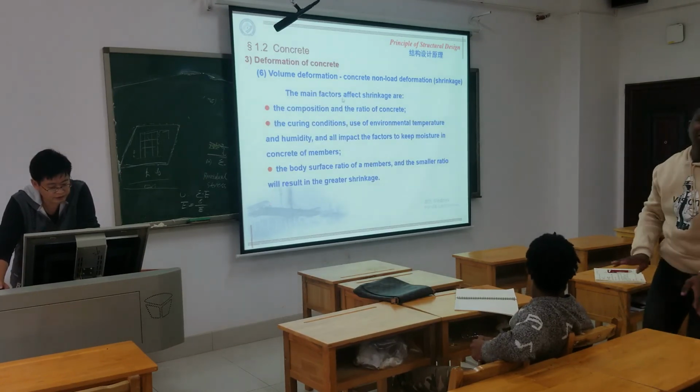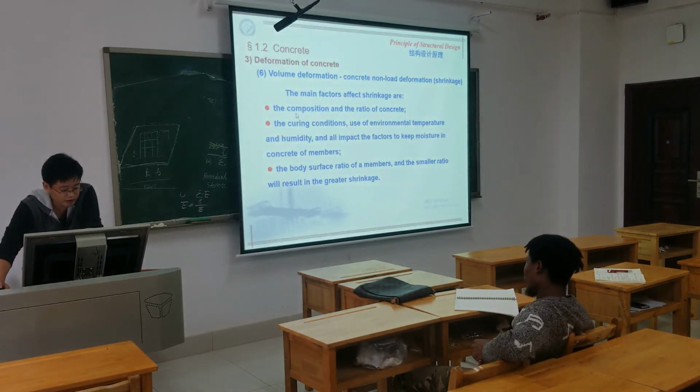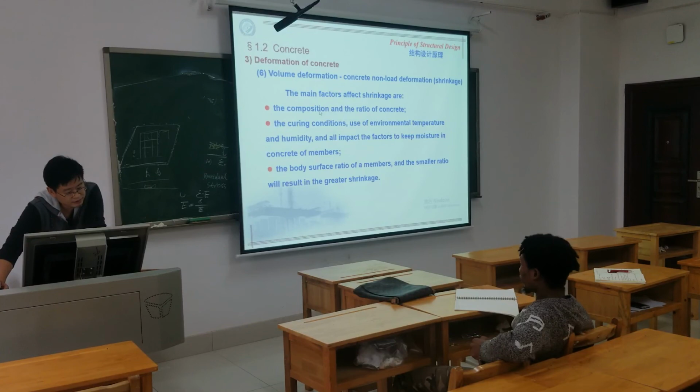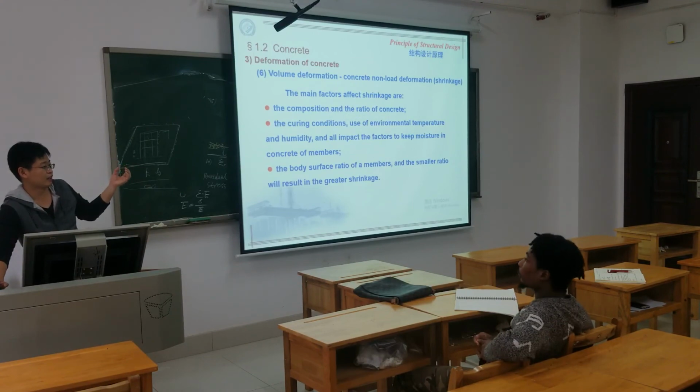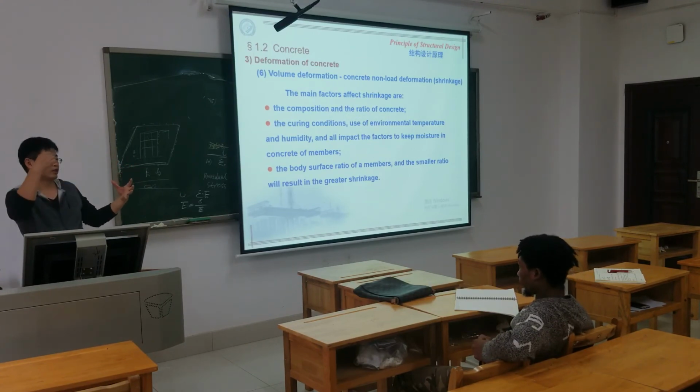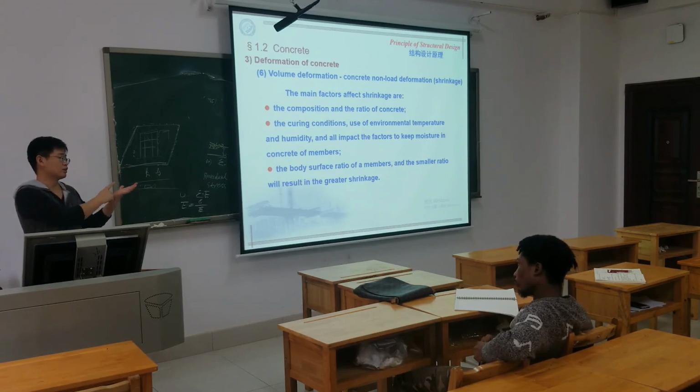The main effects of shrinkage are the composition and the ratio of the concrete. Given the concrete, if the ratio of the water is large, that means the shrinkage of the concrete will be large. So different ratios between the water, sand, and stone give different grades of concrete.